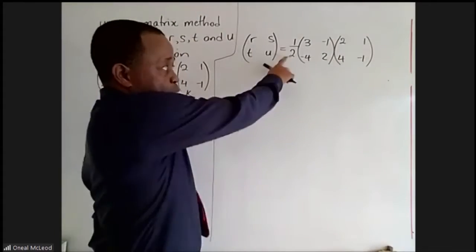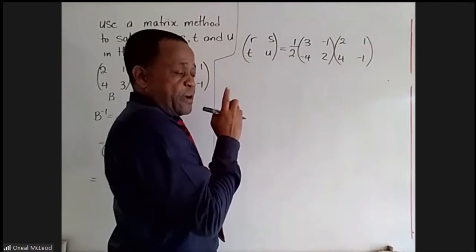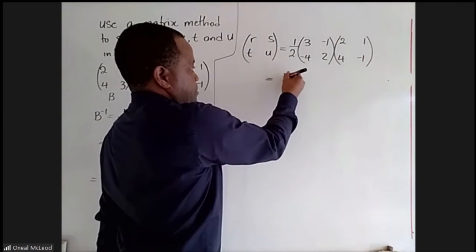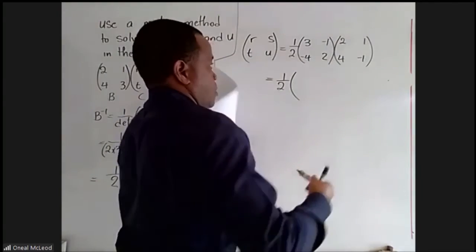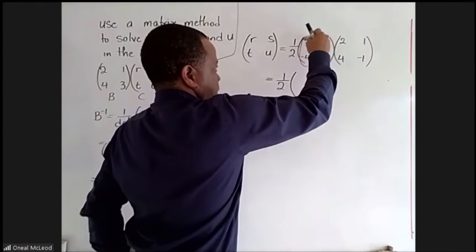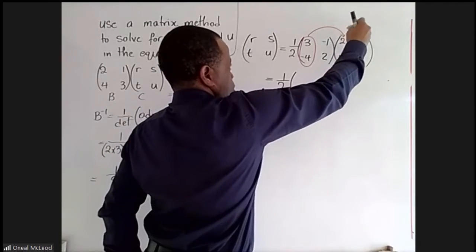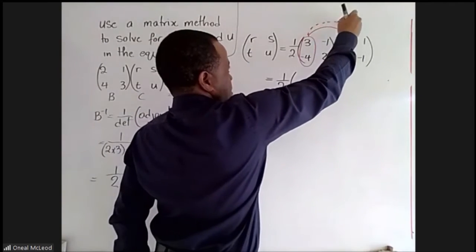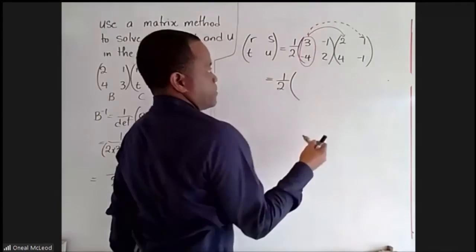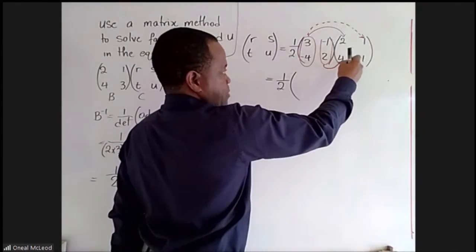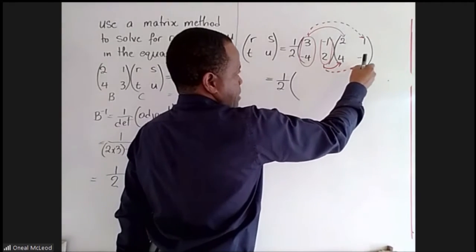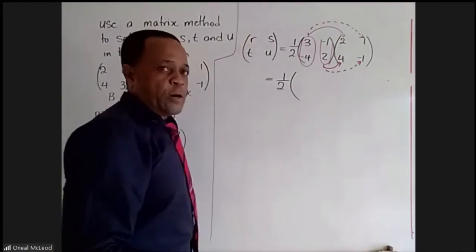We're not using the half just yet. Now, 3 and negative 4 will be distributed to 2, and later on to 1, while negative 1 and 2 will be distributed to 4, and later on to negative 1.